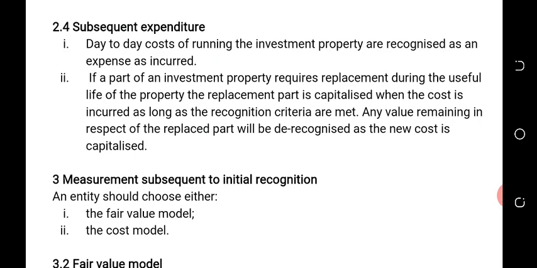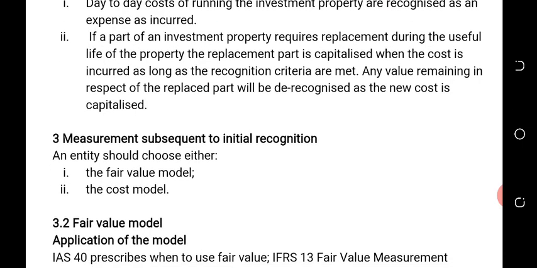Two, if a part of an investment property requires replacement during the useful life of the property, the replacement part is capitalized when the cost is incurred, as long as the recognition criteria are met. Any value remaining in respect of the replaced part will be derecognized as the new cost is capitalized.